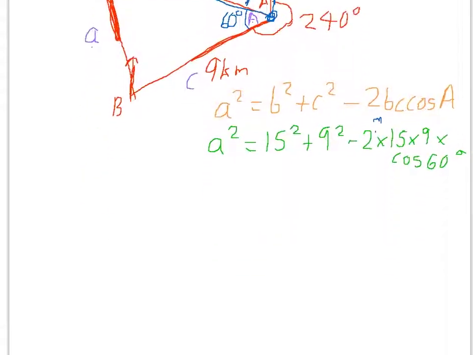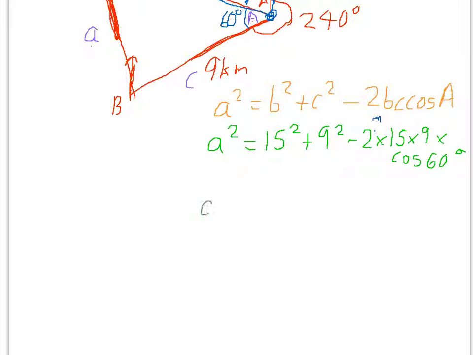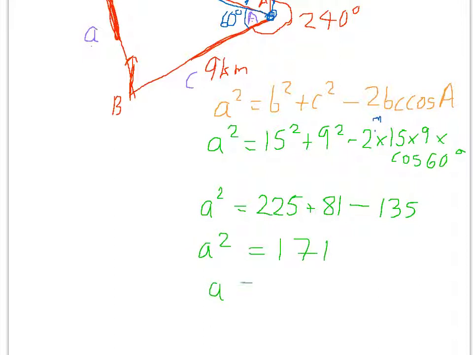And if you figure that out, you will get a squared is equal to 225 plus 81 minus 135. So a squared is equal to 171. So a is equal to 13.1 kilometres, as all the other lengths are in kilometres.